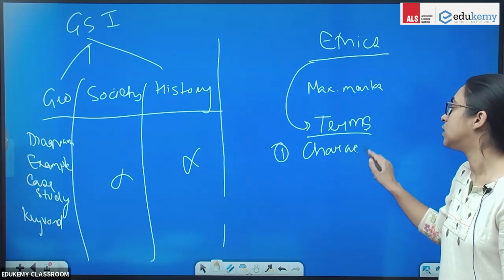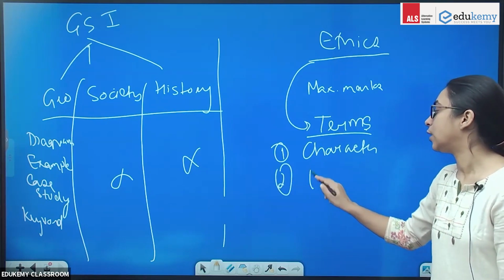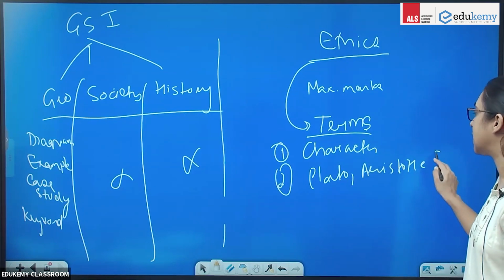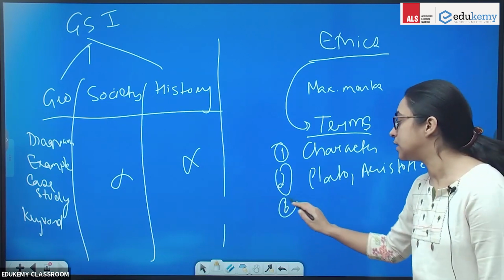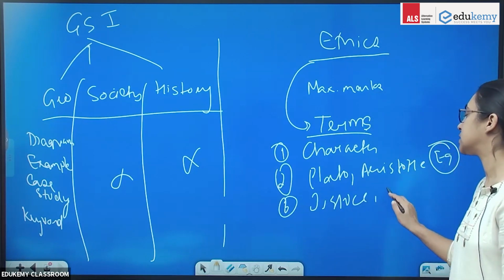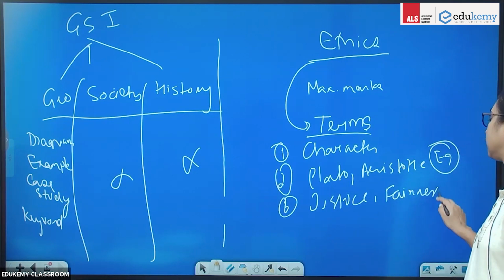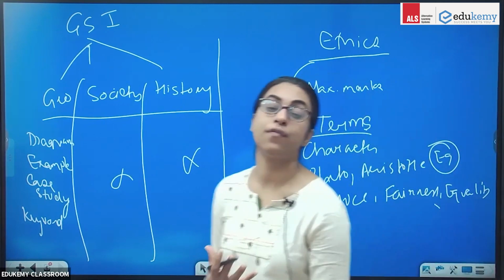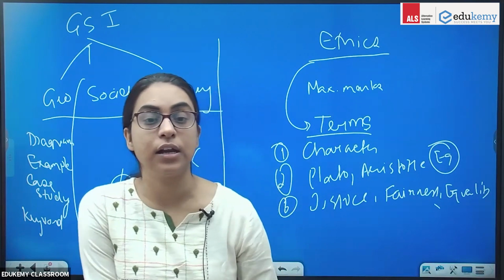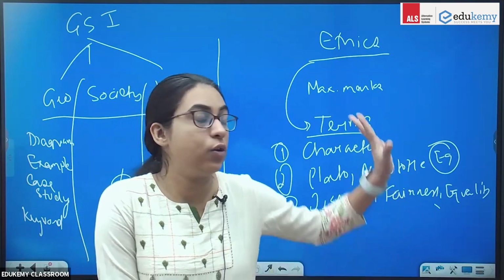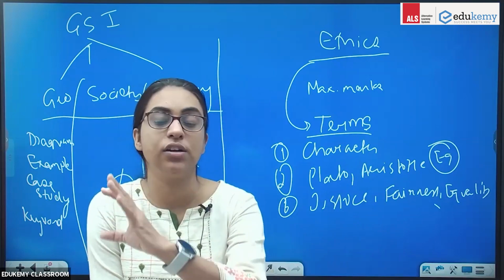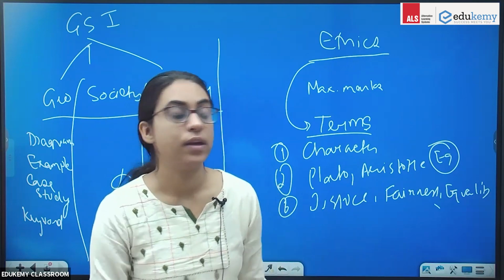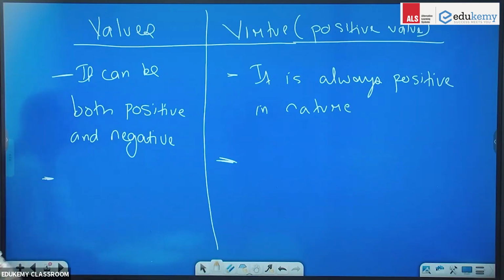Character, Plato, Aristotle, Buddhism, Gandhiji, basically these are examples. You use terms like justice, fairness, equality, virtue. So this is the language of ethics. As an examiner, if I don't see these keywords, I have a tendency to think you have not addressed the ethics answer appropriately.